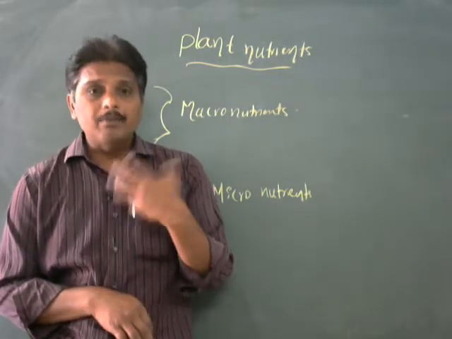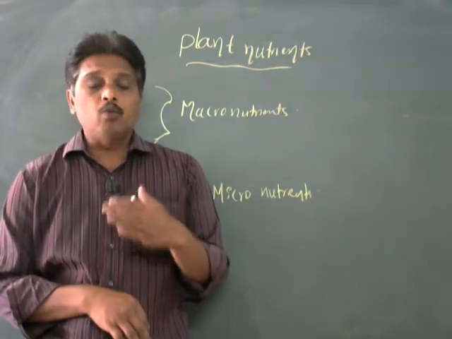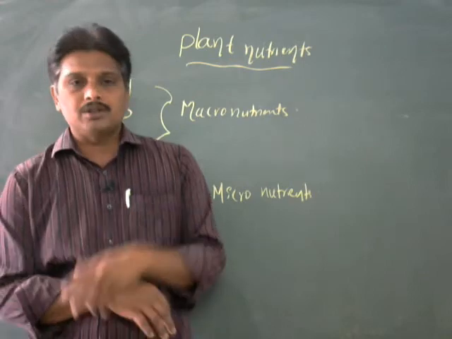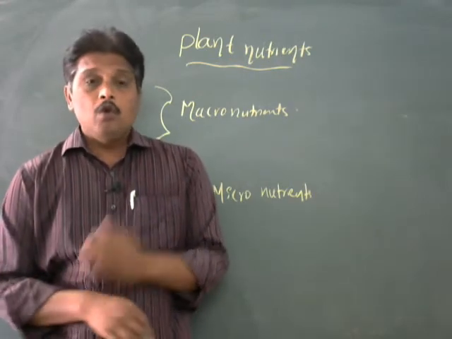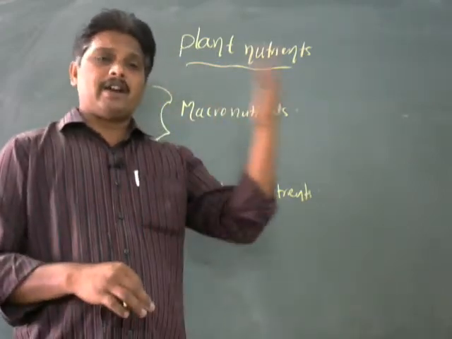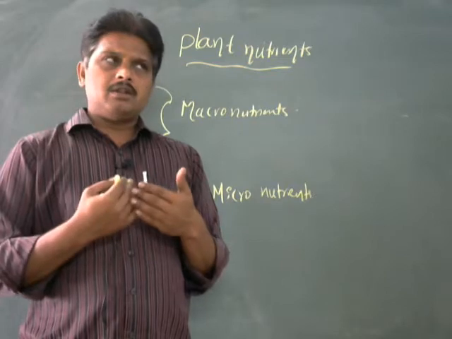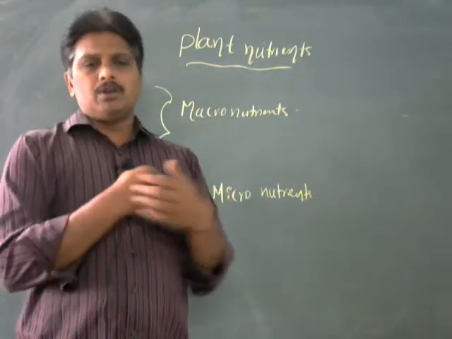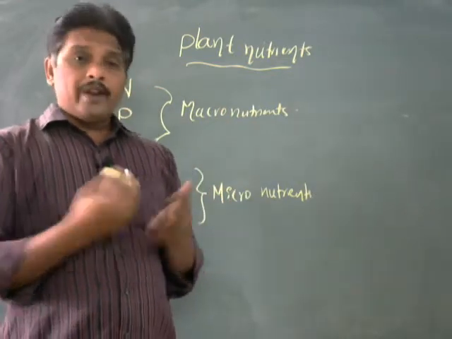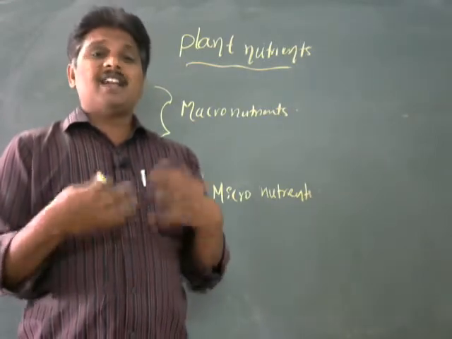Now, how does a farmer add nutrients to the soil, and in what form? In earlier days, that means our childhood days, and even before our childhood days, there was no chemical fertilizer or synthetic fertilizer.